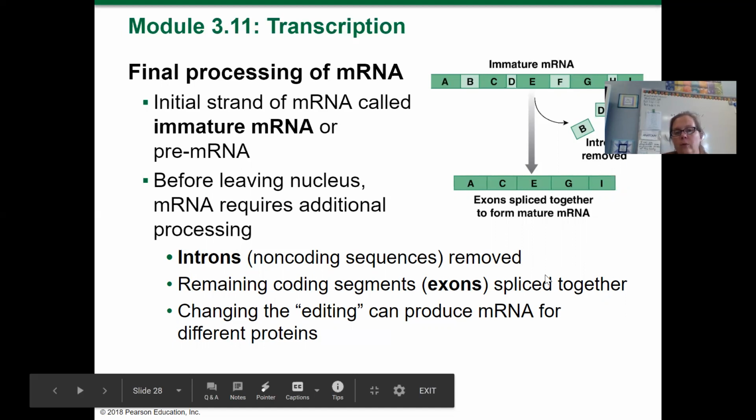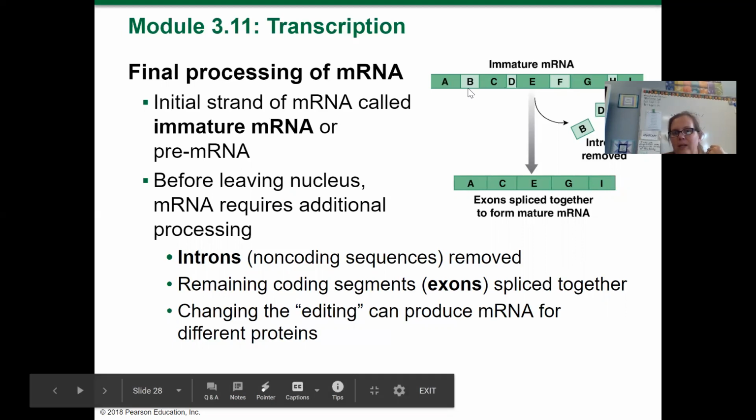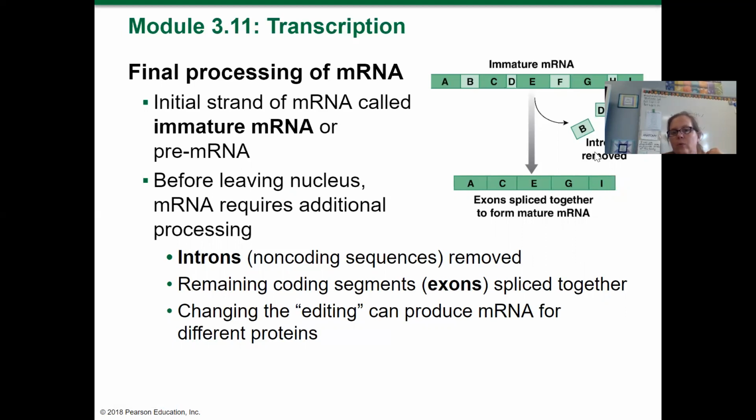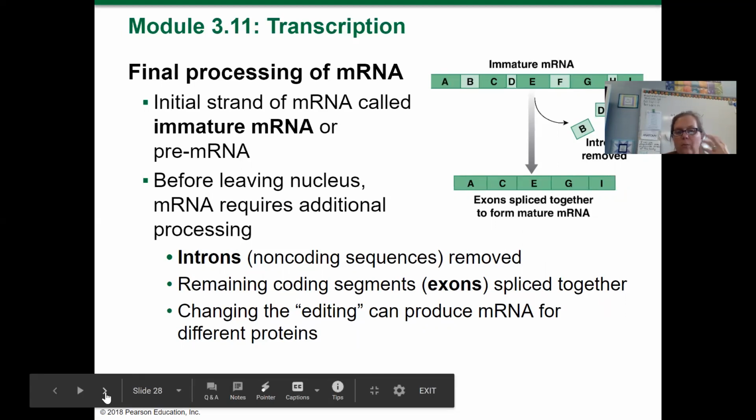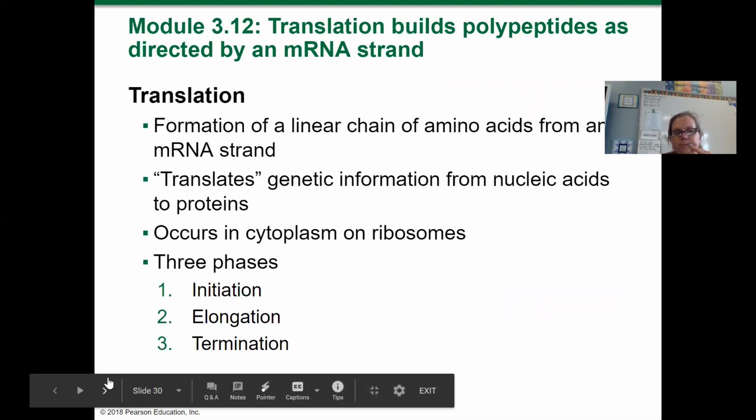The introns are removed because these are non-coding, so they're not really important. And the remaining exons are spliced together. So if you can see how it's edited here, the B is an intron and it's removed, and so it becomes A to C. There are also some things put on the front end and the back end of the mRNA to protect it from the cell, and then it leaves the nucleus.